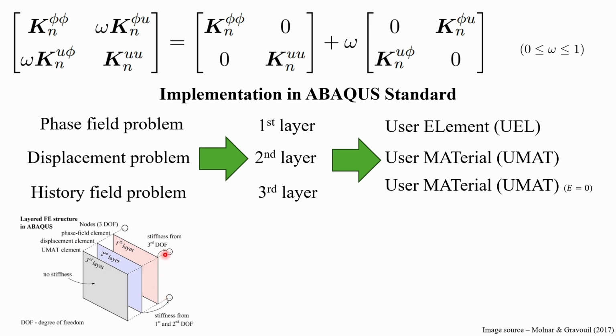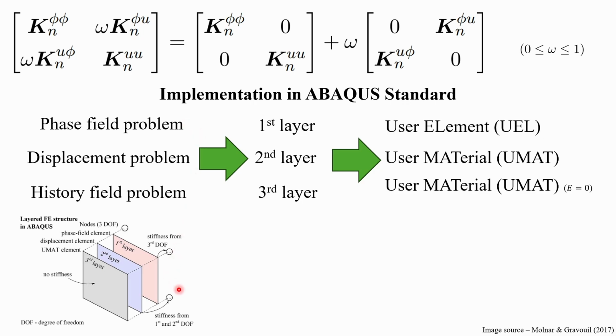And it gets its first and second degrees of freedom, which are your displacement, from the second layer, which is the displacement problem. And this no-stiffness, third, history field layer essentially exchanges information between these two.